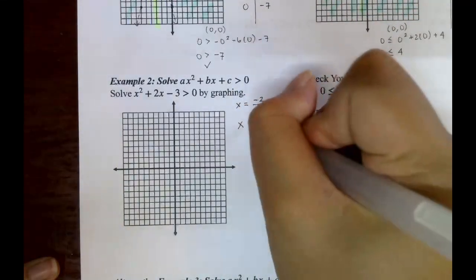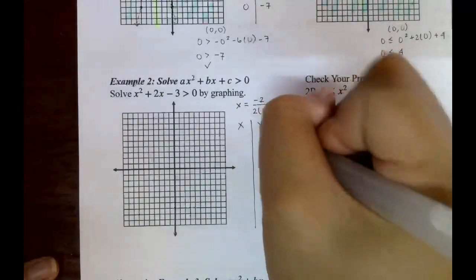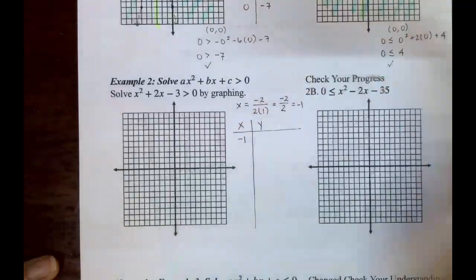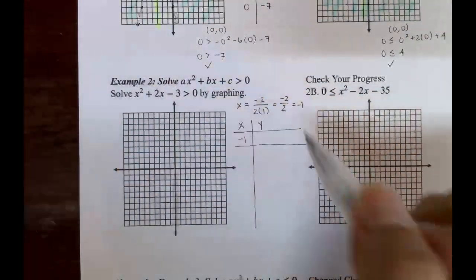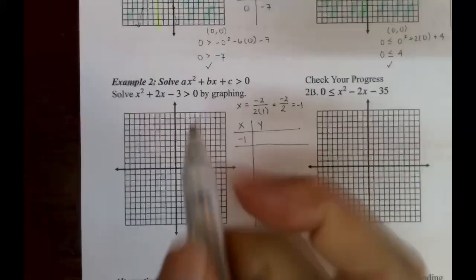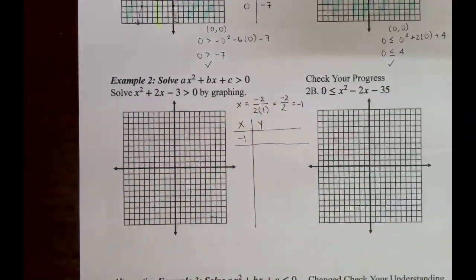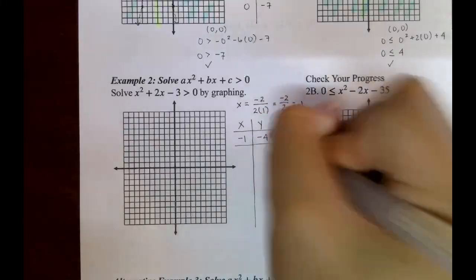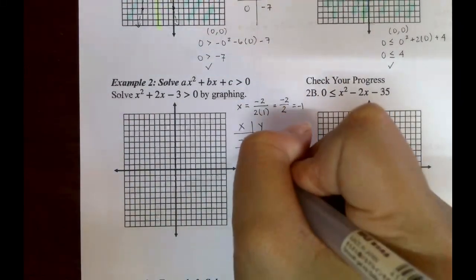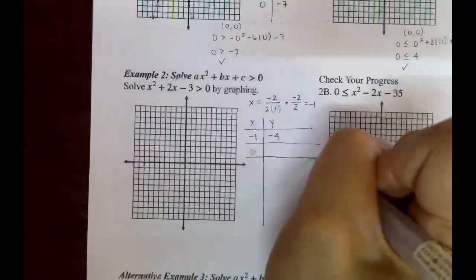So that gives me my axis of symmetry. And then my vertex now. Okay. Then negative 1 squared is 1. 2 times negative 1 is negative 2, and then minus 3. So 1 minus 2 minus 3 is negative 4. That's my vertex.